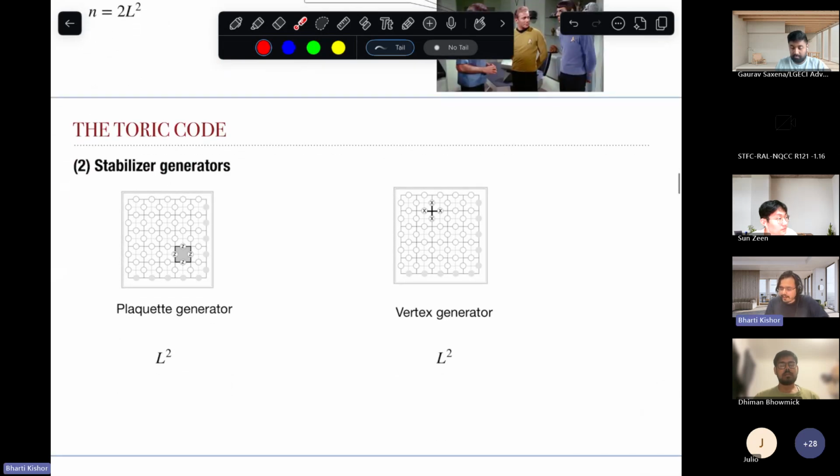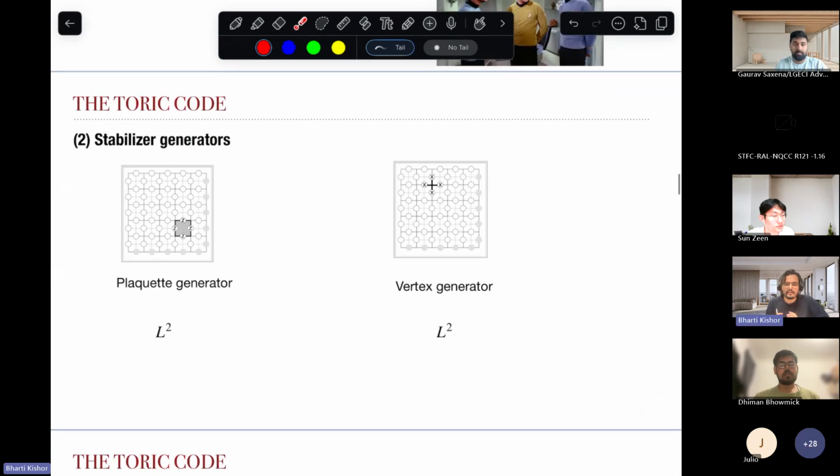So we need to find what the stabilizer generators are, what the stabilizer group is. And there are two kinds of stabilizer generators in the toric code. One corresponds to these two-dimensional objects called plaquettes, and the other corresponds to vertices. Around a vertex, you act with X on all the qubits, and you call that a vertex generator.